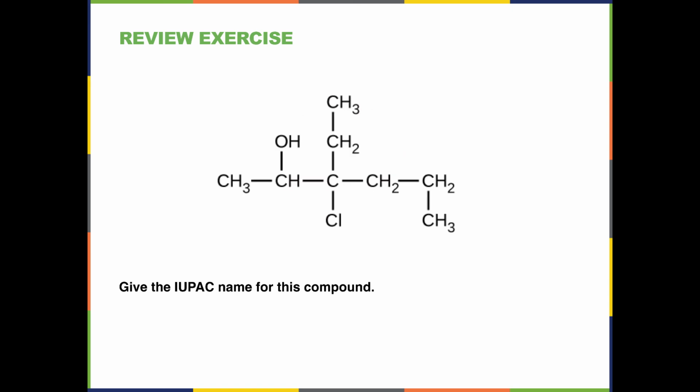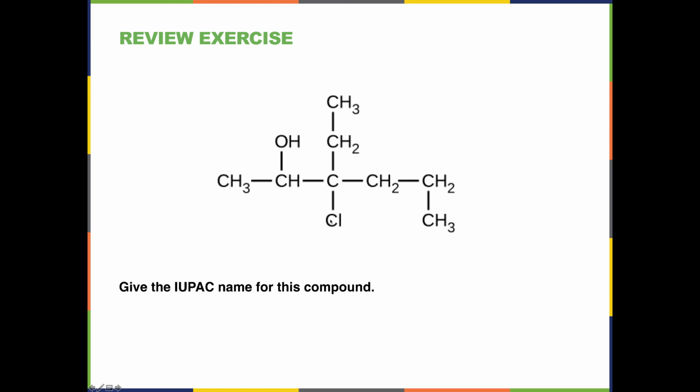So what's the IUPAC name for this compound? Well, again, you have to decide where you're going to count. If you count from here across and then down, or from here down, over and down, you get the same number of carbons, which is 6. So this is hexane, okay? But it has an OH, so it's hexanol.